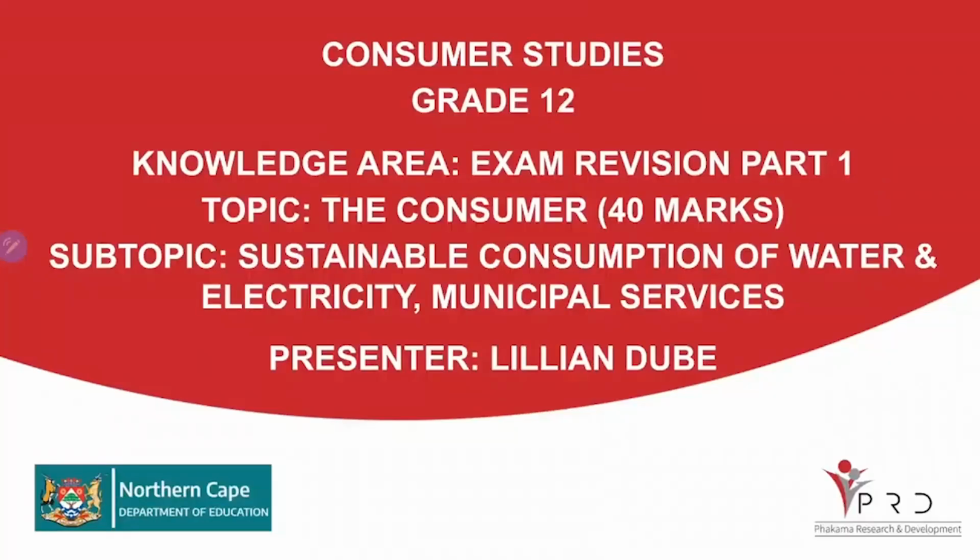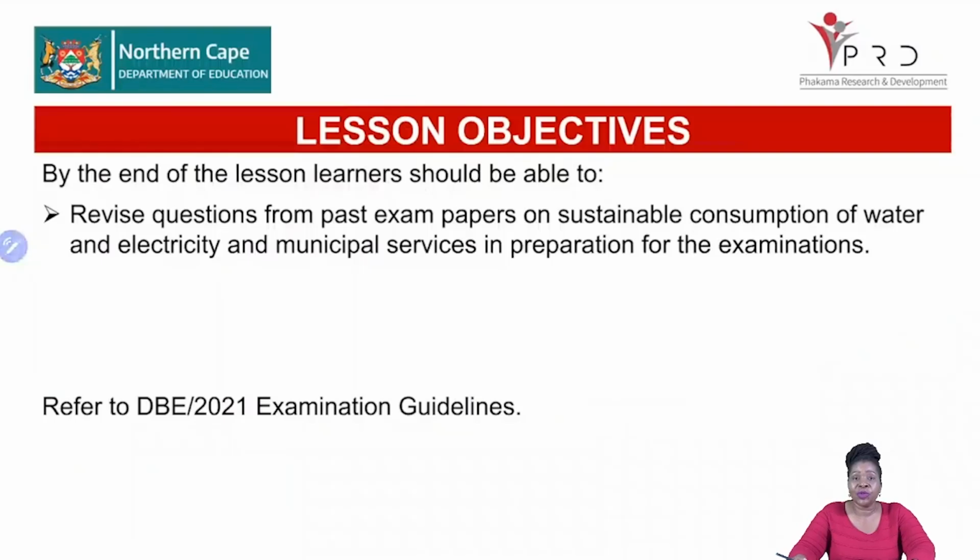Today, grade 12, our knowledge area is exam revision, and our topic is the consumer. Our subtopic is sustainable consumption of water and electricity, as well as municipal services. Let's move on to the objectives for today's lesson.